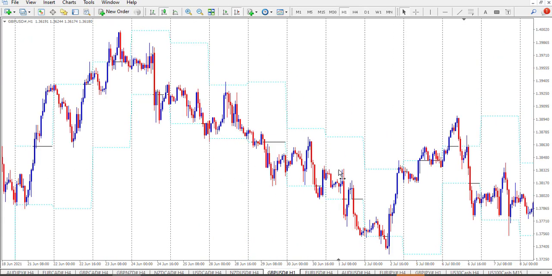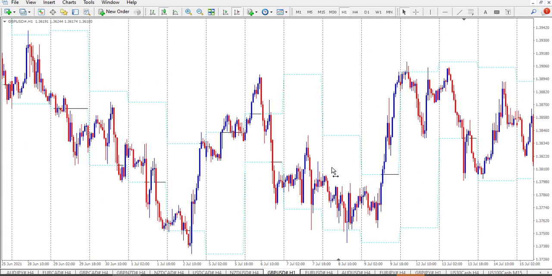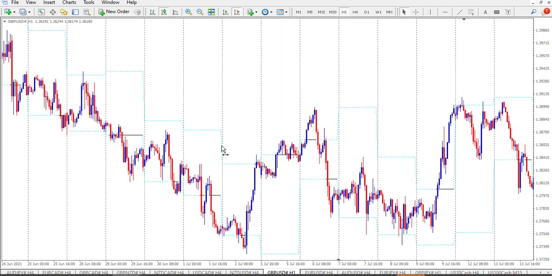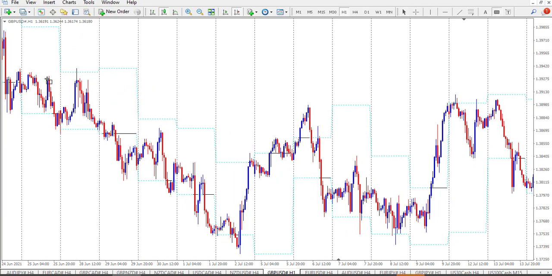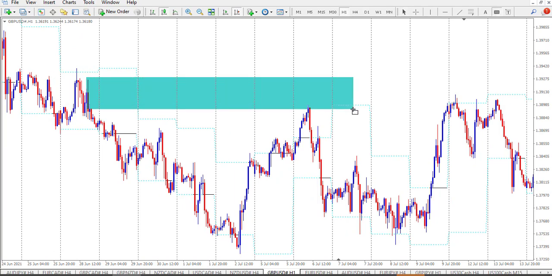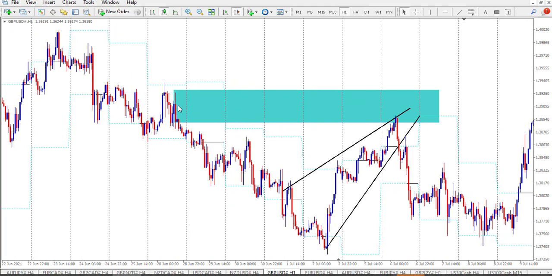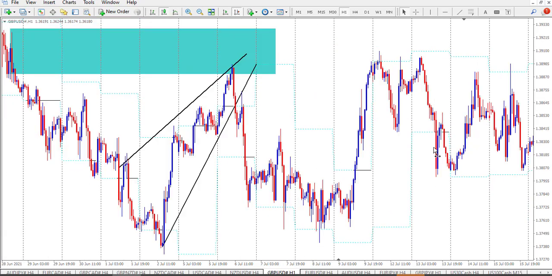So this is the H1, and the chart is not loading up to where we wanted it to be, but we can look for these trades again on the H1. Can you see? Like that, something like that. This is a triangle of some sort. This is the demand zone, and this is the trade we want to catch, right?